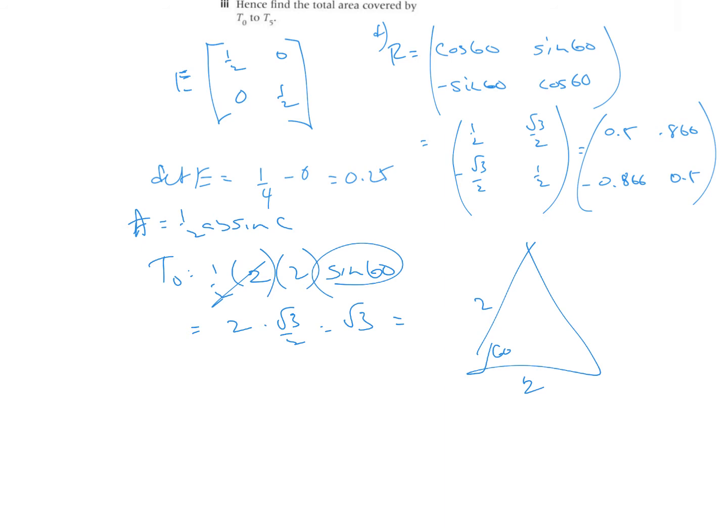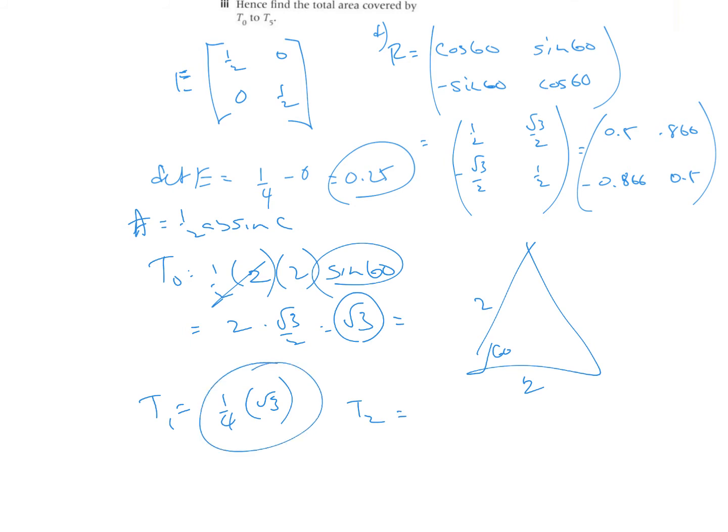So each time I know my area, and the original one is that. So if I want to find the area of T1, it's going to be the determinant times root 3. If I want T2, well, it's going to be my determinant times this area, and so on and so forth.